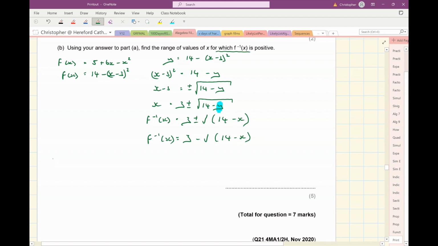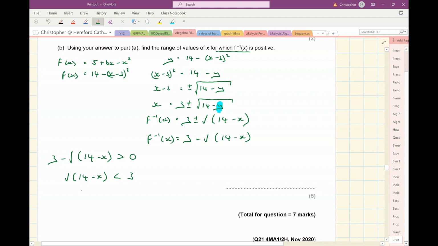Right, so we're going to need the inverse function, 3 minus the square root of 14 minus x, to be positive, to be greater than 0. So that would mean then that the square root of 14 minus x must be less than 3. So I'm subtracting less than 3 away from 3, so I end up with a positive answer.